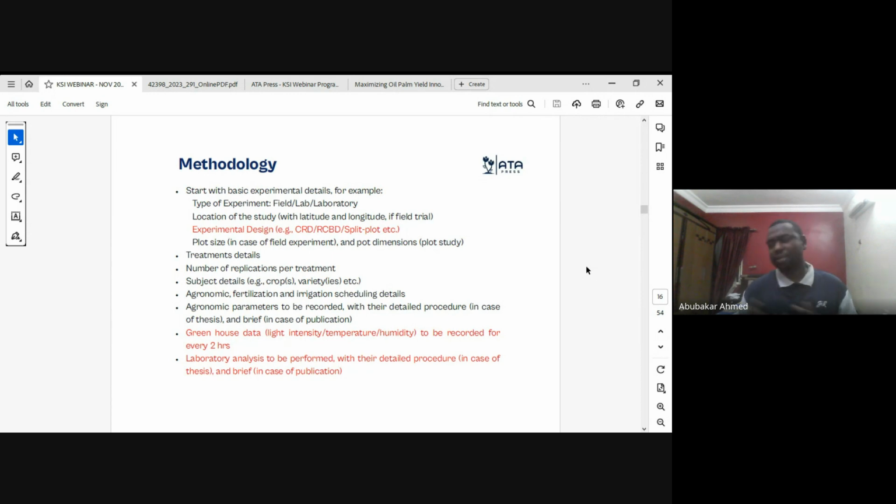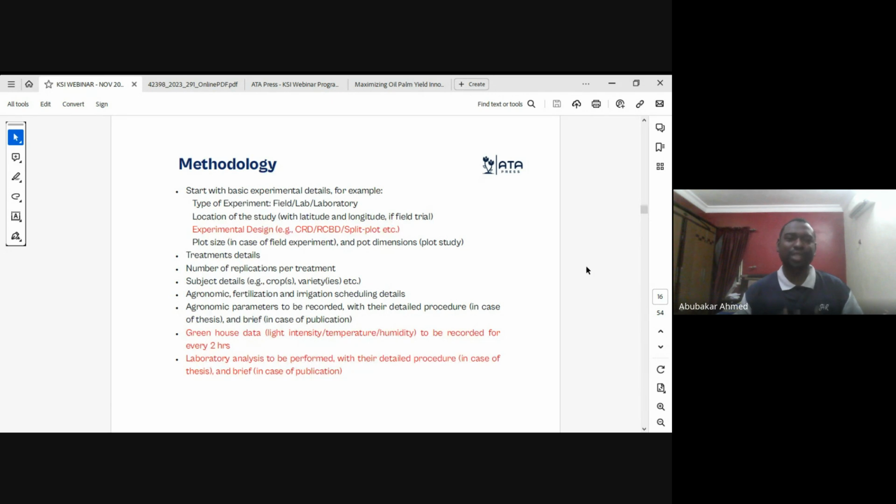So, in a particular plot, maybe you add nitrogen. In another plot, you add P. In another plot, you add K. So you have your own control plot, for example, where you added NPK together. So you observe the changes.